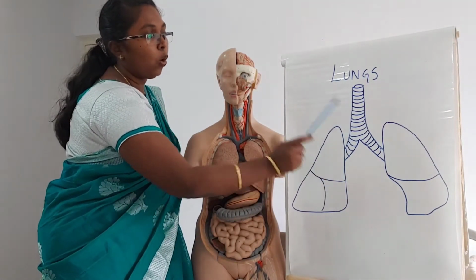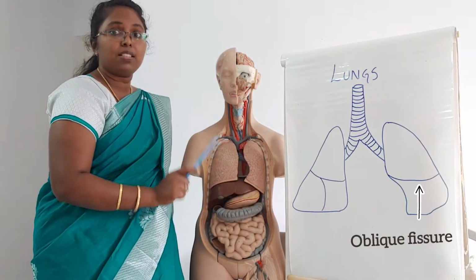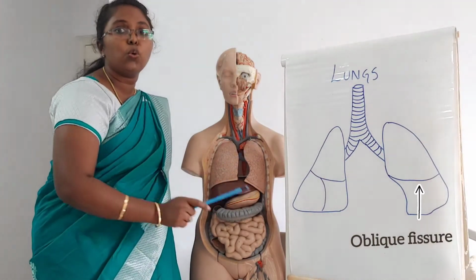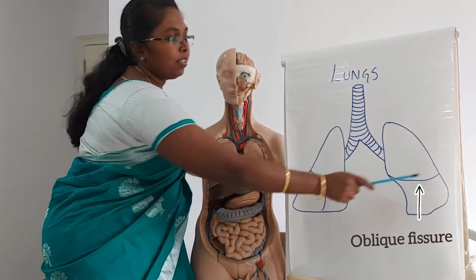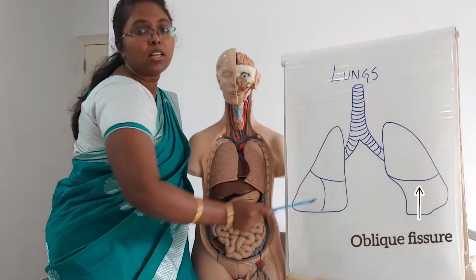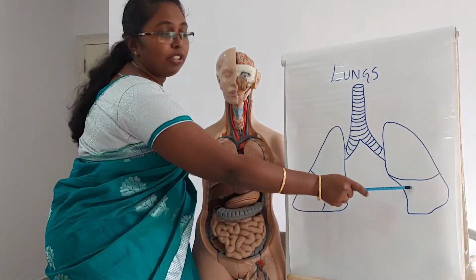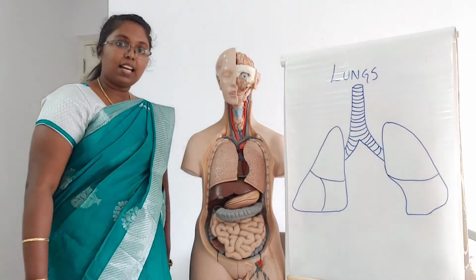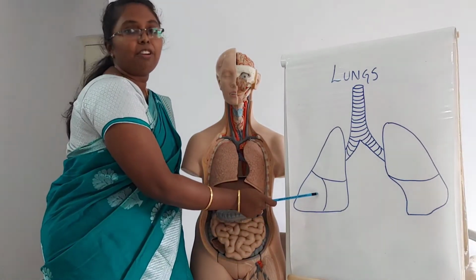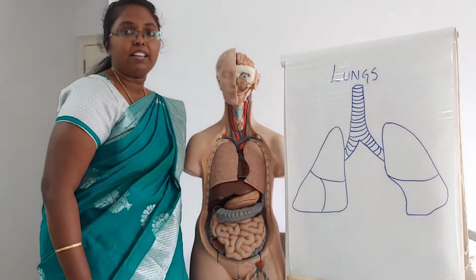In the left lung, only one fissure is there. A fissure divides the lung into lobes. This fissure is known as the oblique fissure. So in the right lung there are two fissures, and in the left lung only one, the oblique fissure.